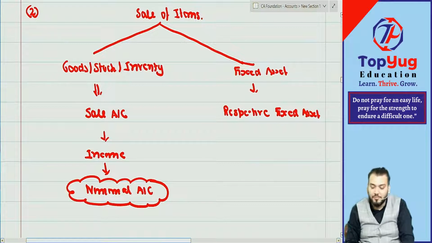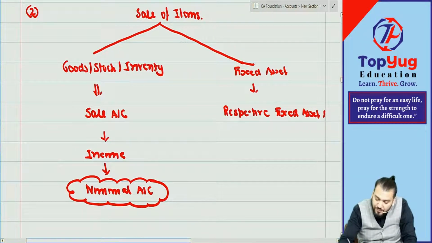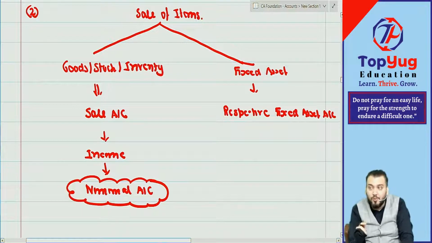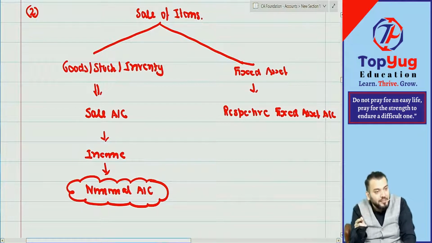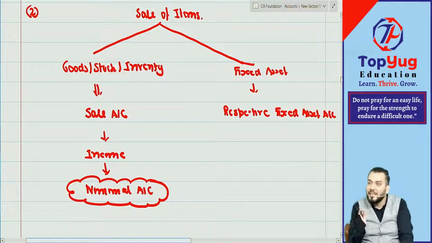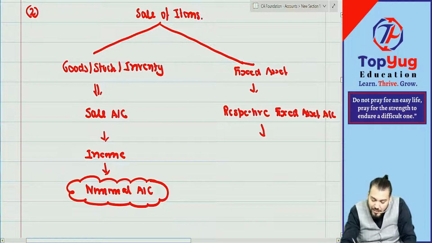Understood? Correct? Respective fixed asset account means if you have sold your furniture, the furniture account. If you have sold your land, the land account. If you have sold your mobile, mobile account.